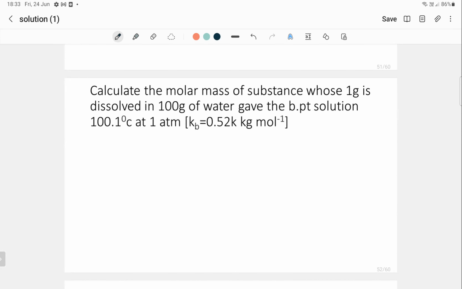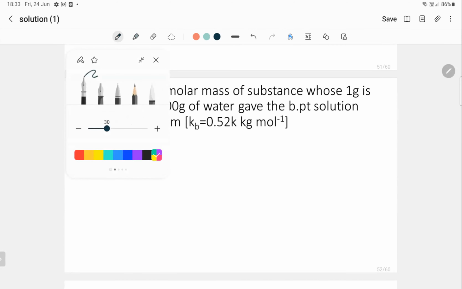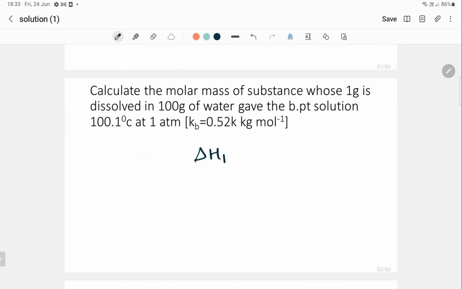You're clear with that? So here, delta TB is equal to TB minus T naught B, this is the formula. So now here we know it's 100.1 degrees Celsius.